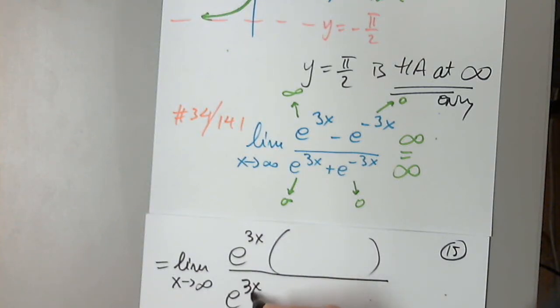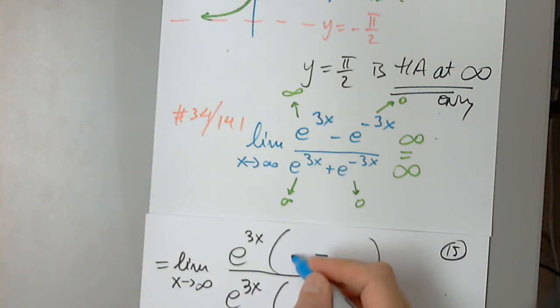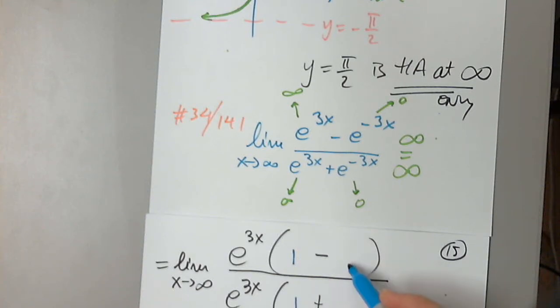It happens to be e to 3x in both. Now we have to be very careful. It's the same procedure we used before, but we have to be very careful what we write inside. Of course, one is minus and the other one is positive. But what do I write? Obviously, this must be 1 in both cases. Now I have to be careful here.